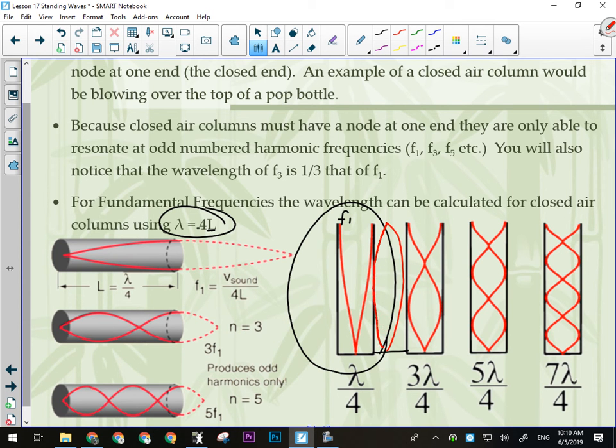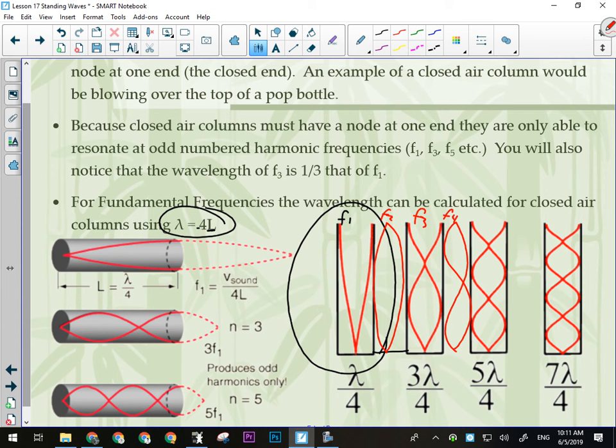If you recall, when I was lifting the tube out of the water, it got loud and then it got quiet. So this is F2. This is F3. F4 looks like this. So closed air columns only resonate at odd numbered frequencies. They only resonate at F1, F3, F5, F7, and so on.